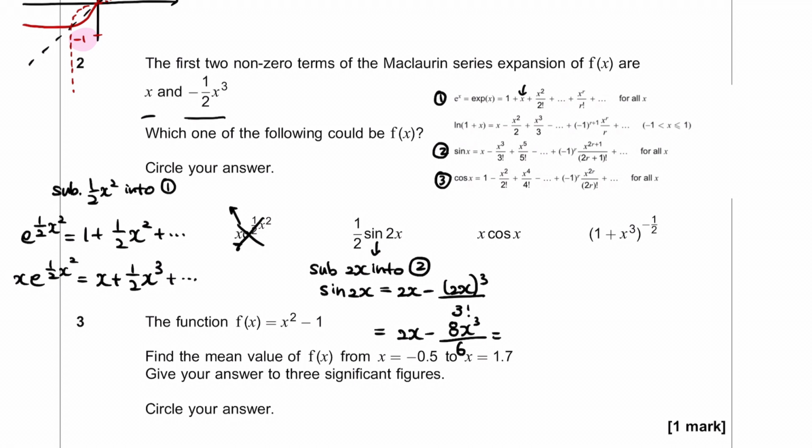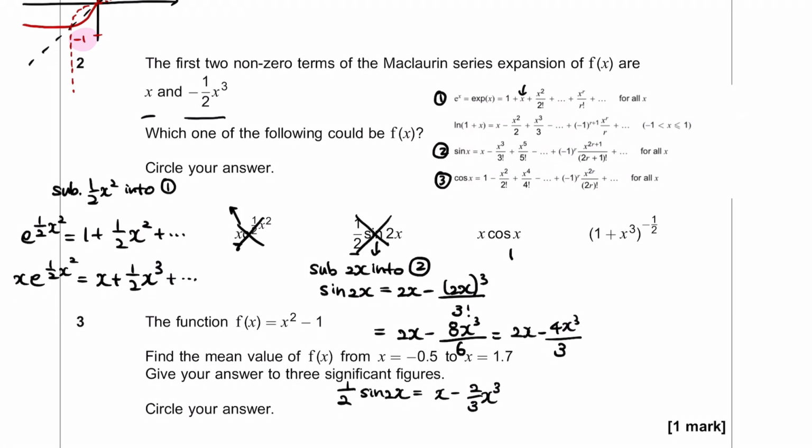And then this becomes 2x minus 4x cubed over 3. And then we have this half term in front of it. So if you multiply 1/2 into that entire function, it will become x minus 2/3 of x cubed. Again, this is not what the question is asking for.